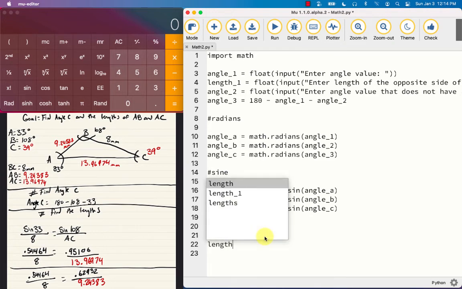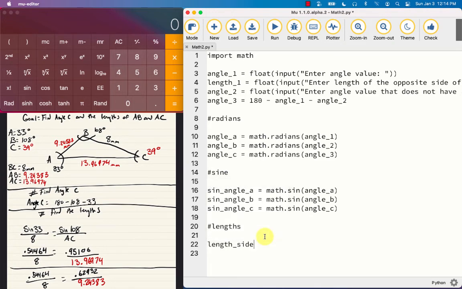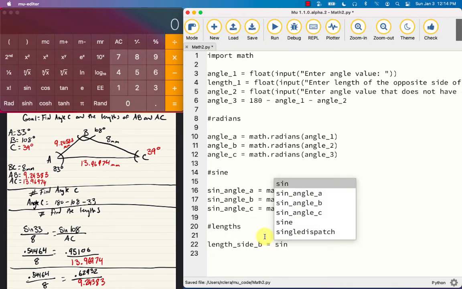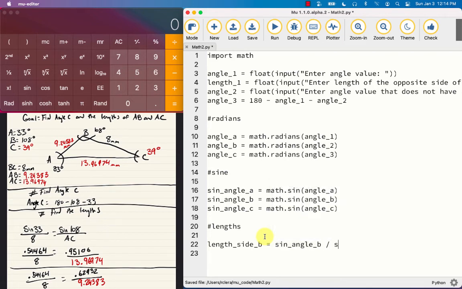So let's do length side B, and that's going to be sine angle B divided by the sine of angle A. And again, this is exactly what we did in our math problem. And then we'll multiply that by length side A.